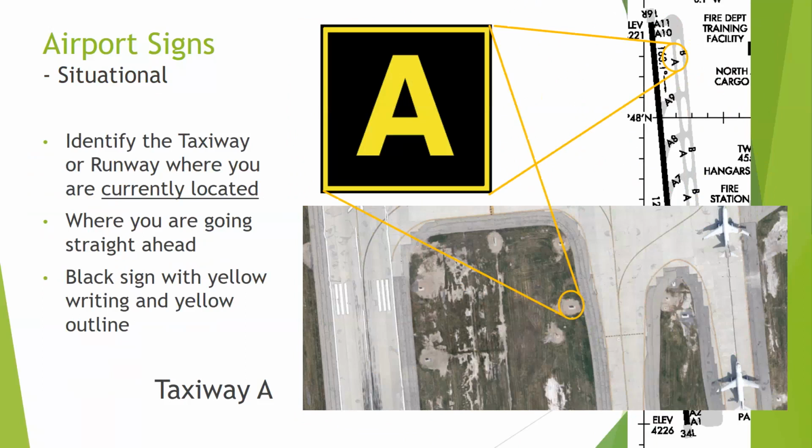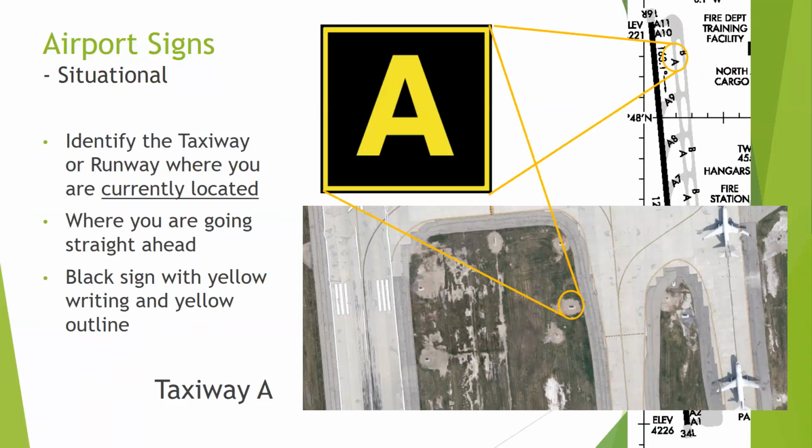Here's Alpha, here's Bravo. You can see the planes are going north on Bravo. Alpha is typically the southbound taxiway. We drive on the right side of the road, right? So often if you have two parallel taxiways, that's how they're operated, but it's not guaranteed to always be that way.